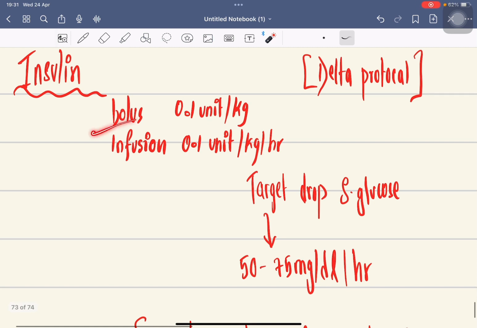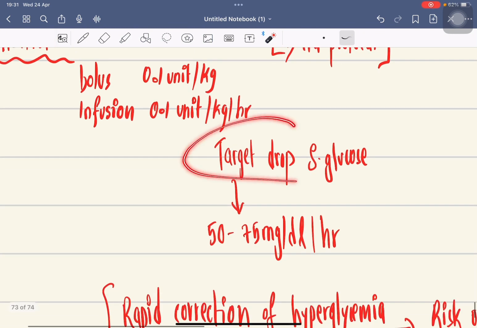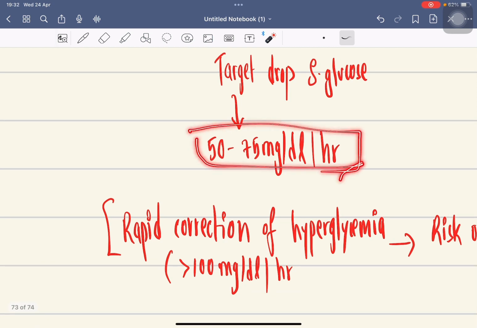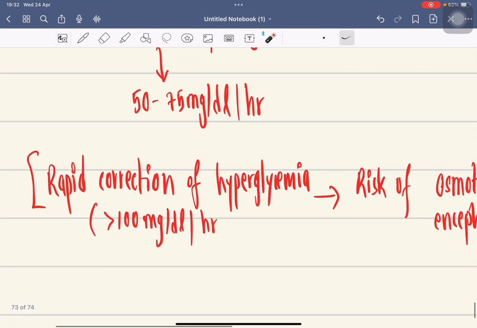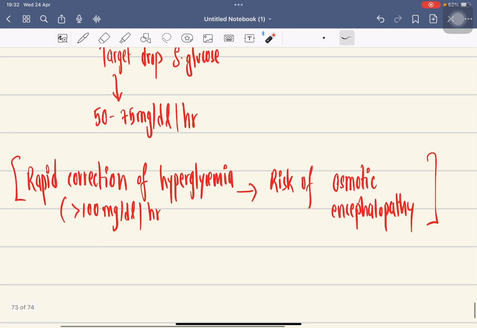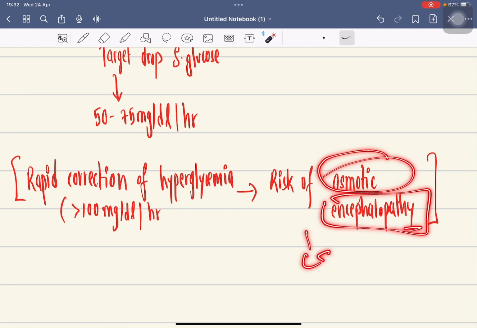It can be given as bolus 0.1 unit per kg or infusion 0.1 unit per kg per hour. The target drop of serum glucose should be 50 to 75 mg per deciliter per hour. Rapid correction of hyperglycemia more than 100 mg per deciliter per hour causes risks of osmotic encephalopathy and cerebral edema in children.